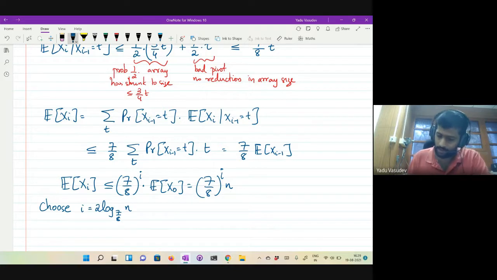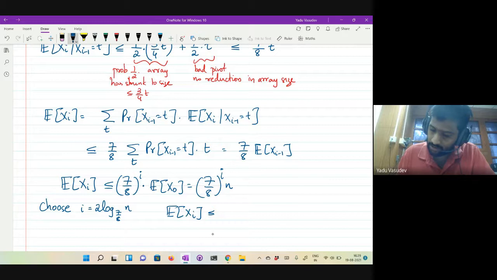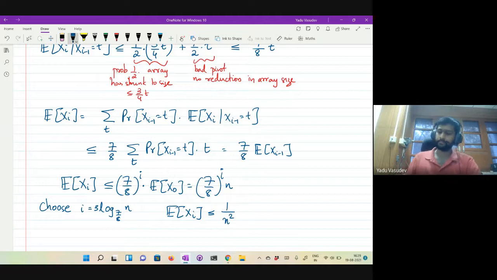If you choose this, then expectation of xi is at most 1/n. So maybe I'll put this as 3. That's slightly better. This is at most 1/n squared. So the expectation of xi for i equal to 3 log n to the base 7/8 is at most 1/n squared.